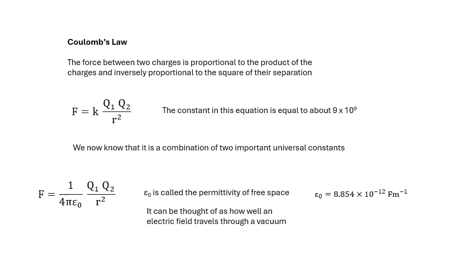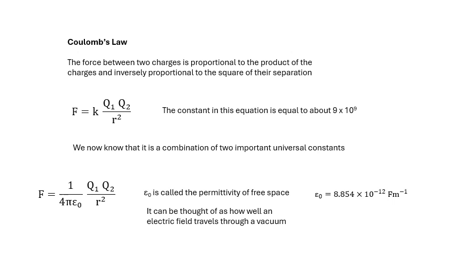You can think about permittivity: it's how well an electric field travels through a vacuum. We're going to do a bit more about capacitors, and we'll talk about the permittivity of other materials as well. But free space is a vacuum, and it's the permittivity of free space.